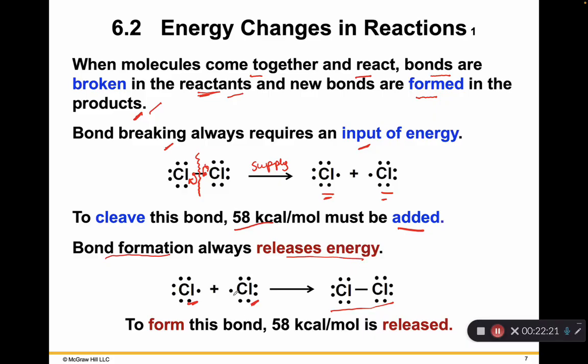When there is a suitable condition, these two chlorine atoms come closer and form a bond, and 58 kilocalories of energy per mole will be released as a result of the bond formation. So in short, bond breaking requires you to supply energy. Bond making, or bond formation, will release energy.